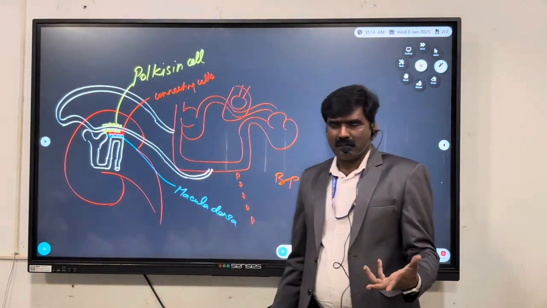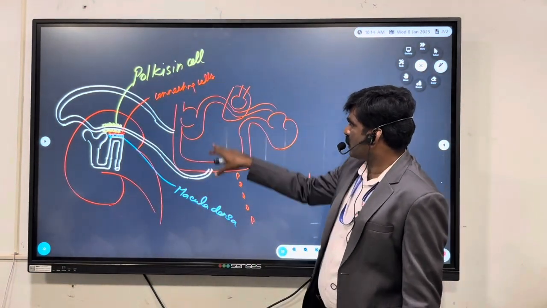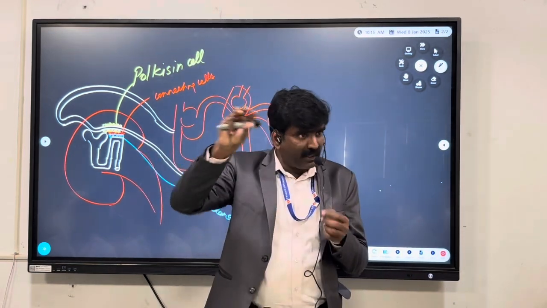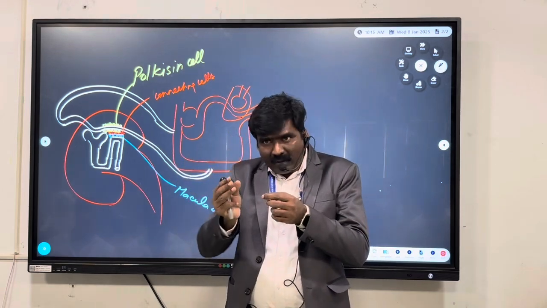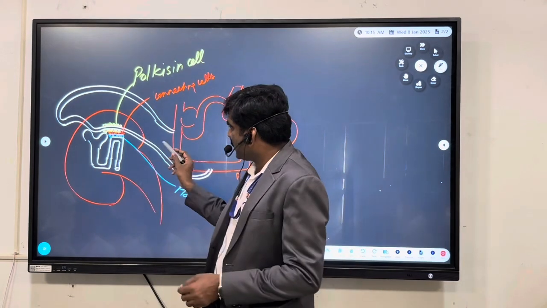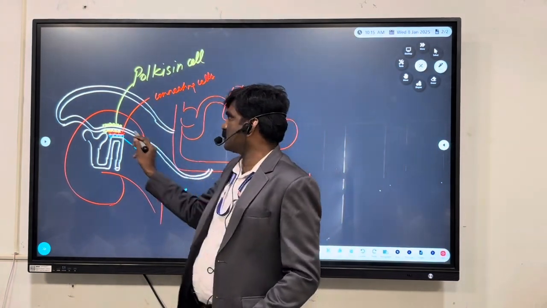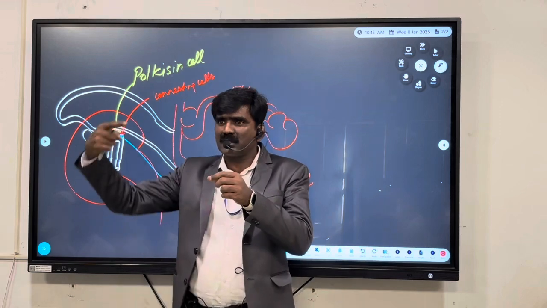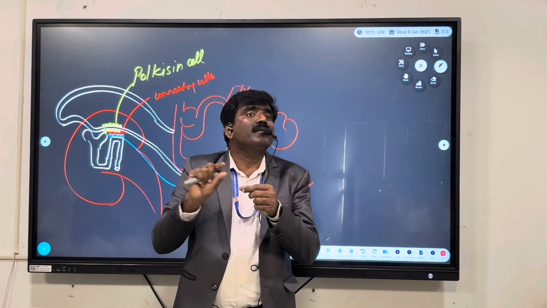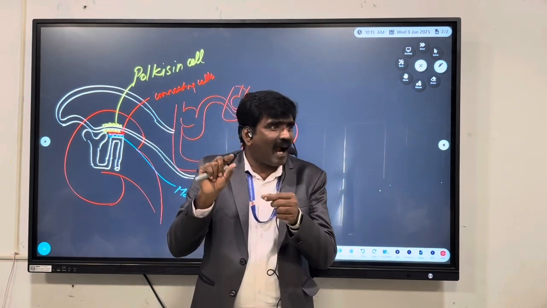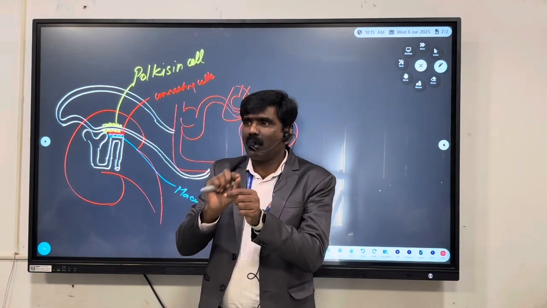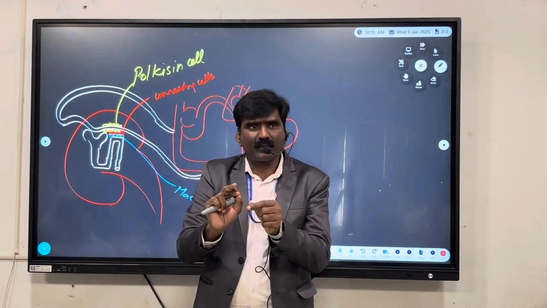Again I'll repeat. So this is the renal artery which is going to the kidney, right? And it comes out as a renal vein, right? So when the renal artery's smaller arteriole approaches the glomerular apparatus, the cells of the arteriole are modified, and those cells are called Polkissen cells, right?